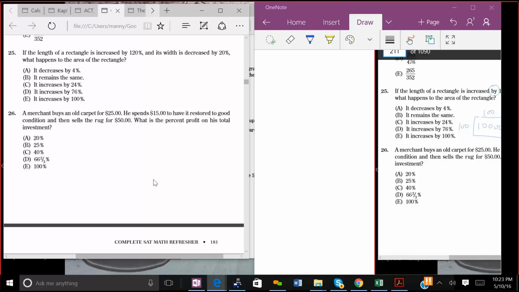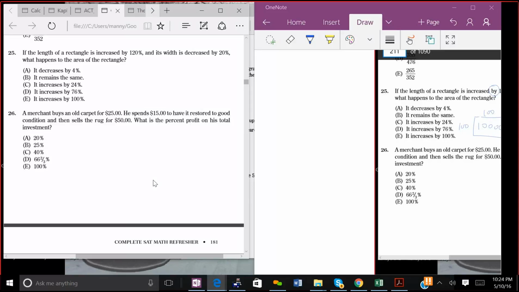He sells it for 50, so he makes $10. Okay. $10. So is it 10 over 40 times 100? So it's C?